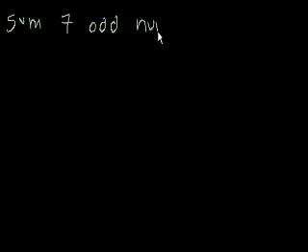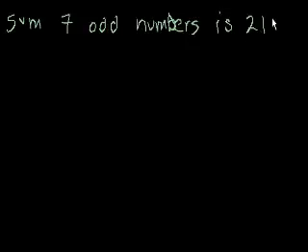Let's say the sum of 7 odd numbers, and let me make up a good one, I hope this one works, I'm going to try to do it in my head, is 217.